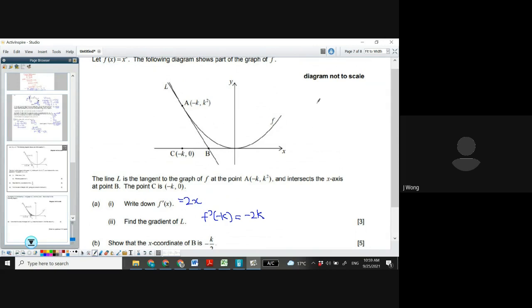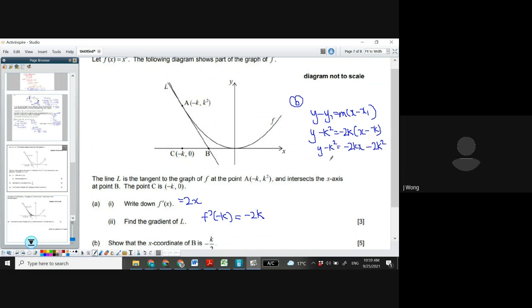So we'll just do y minus y1 equals m times x minus x1 for part B, which I have as y minus k squared equals minus 2k times x plus k. So y minus k squared equals minus 2kx minus 2k squared.